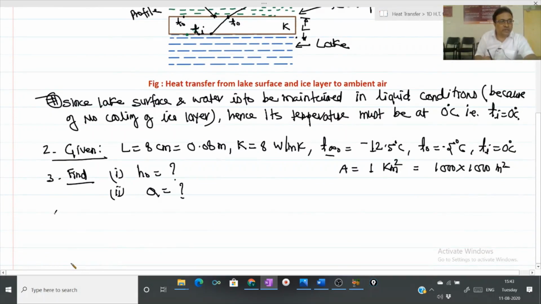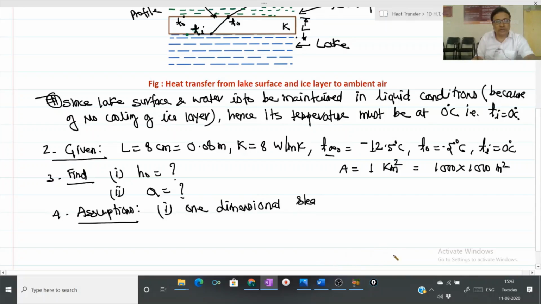After that, let us make some assumptions. Assumption number one: one dimensional steady state heat transfer. Number two, no heat generation.